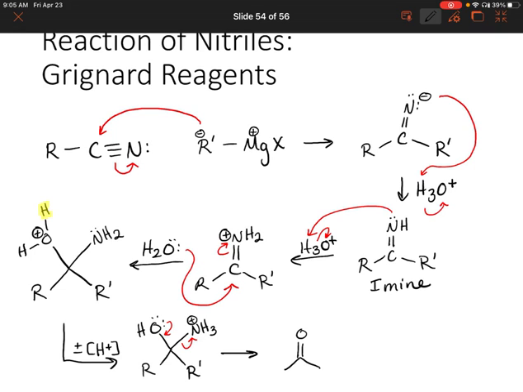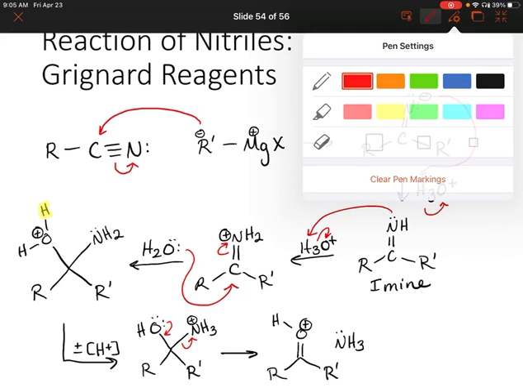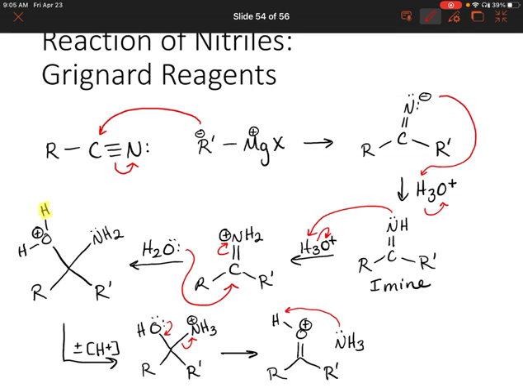So now notice we have a carbonyl group again, but here we have a hydrogen attached, so that ammonia molecule that just got kicked out can grab that proton from oxygen.